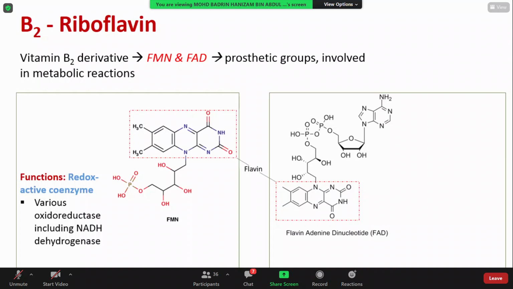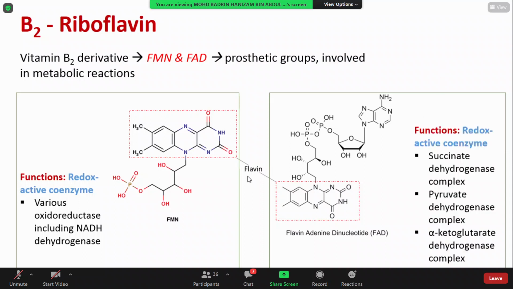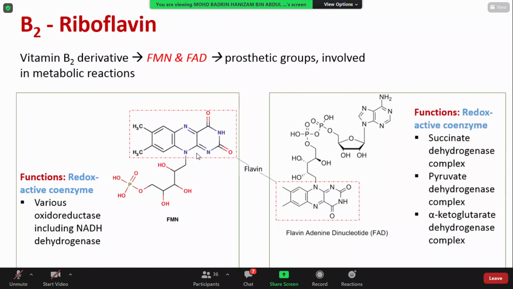Okay. Is complex 1 correct? Balkis, is it correct? Correct. Okay. Right. Thank you. So NADH dehydrogenase is responsible in the electron transport chain, right? Complex 1. Because why? Because you can find FMN responsible in that complex 1.